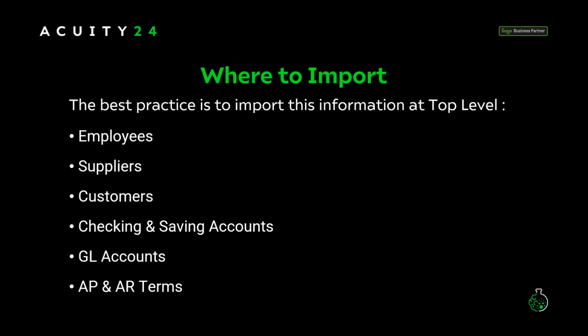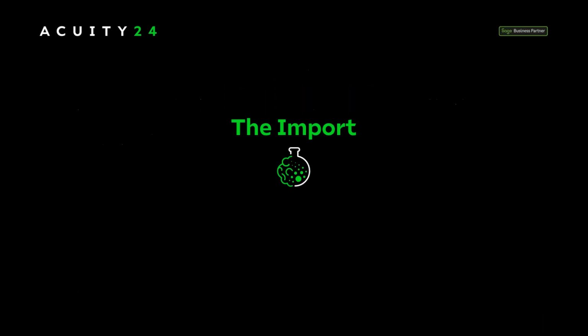However, where you import the data is determined by your business processes and the way your instance of Intacct has been configured. Generally, we look to import data which is shared across all entities at top level. This tends to be records like those listed on the current slide. So do give some thought to this when you're planning your import. Bear that in mind.